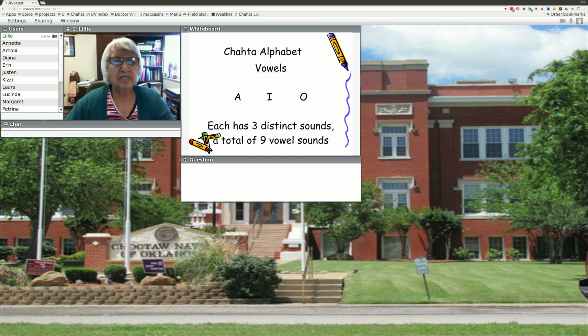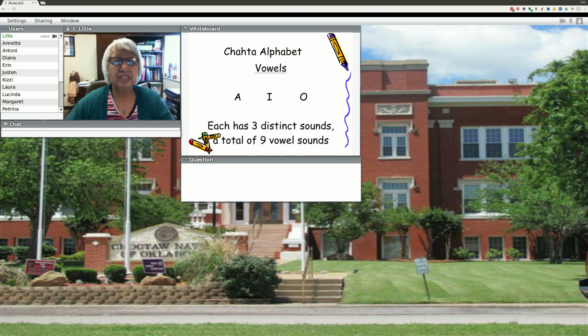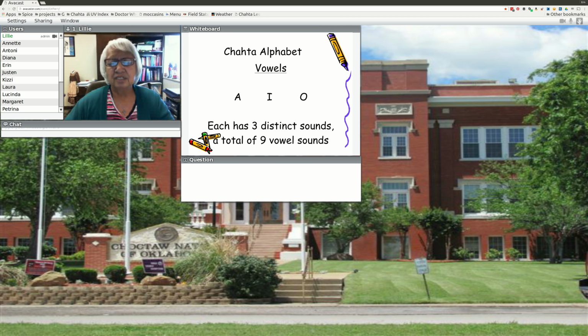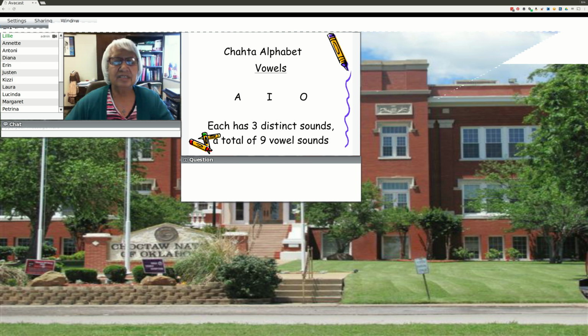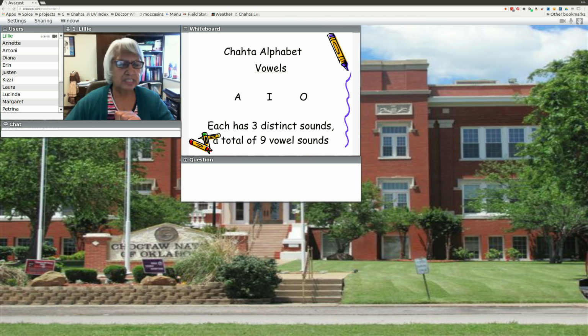This is how each one of these will have 3 sounds. Each one has a long sound, a short sound, and a nasal sound, for a total of 9 vowel sounds in Choctaw.